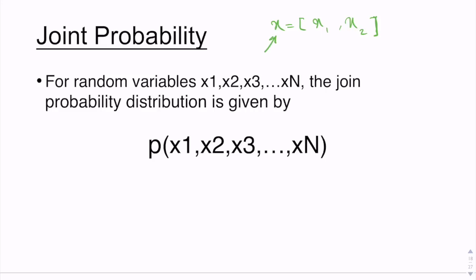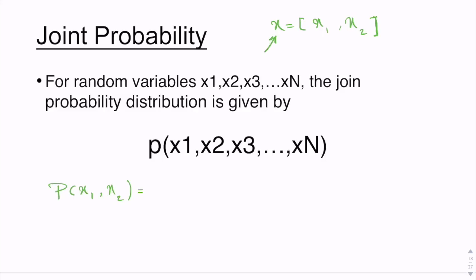So what is the probability of X, or what is the probability of x1 and x2? This is a joint probability of these two variables. So I can now write the joint probability here, P(x1, x2). What does it mean?